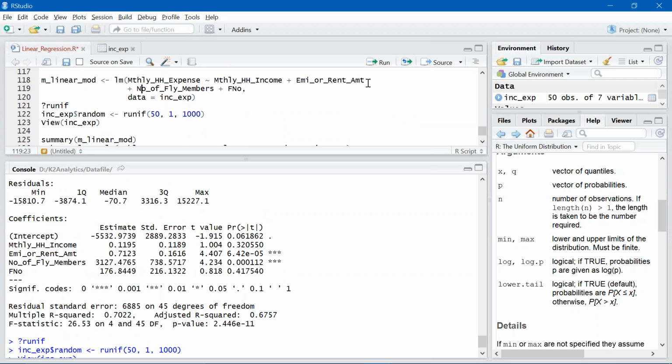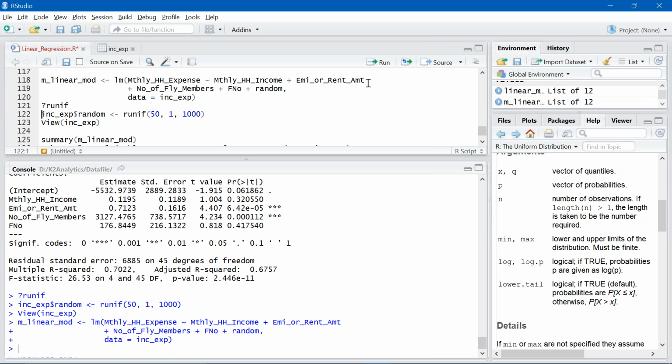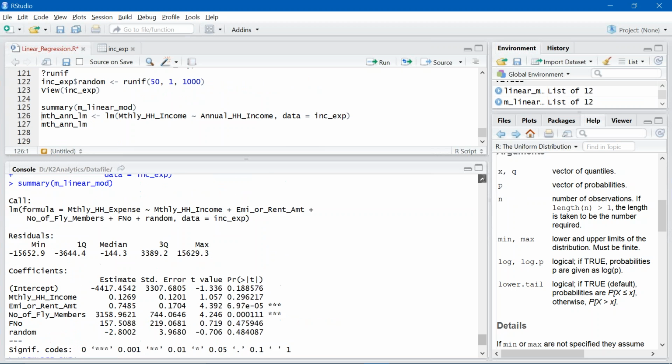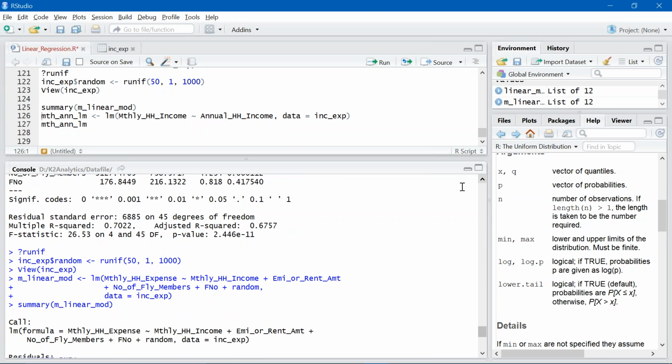Here I added flat number. Now I'm going to add a random number also as a parameter. Model is built. Let us see the summary. R square 0.7055. What was the previous R square? 0.7022. So now it has become 0.7055.